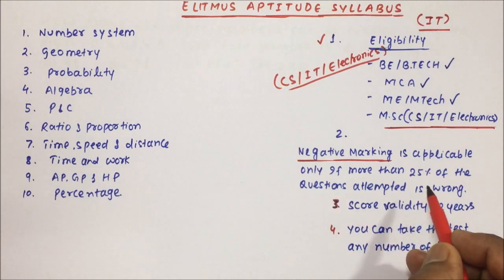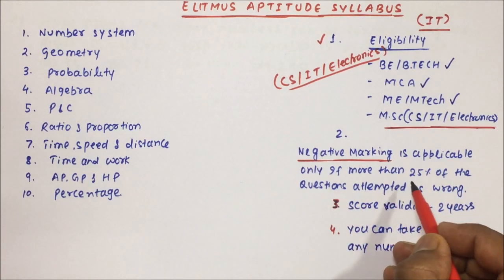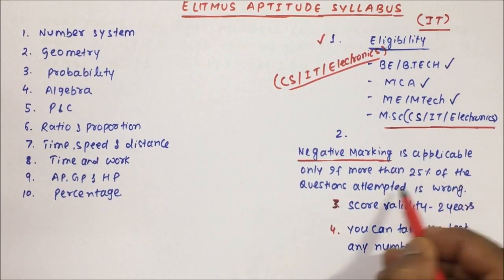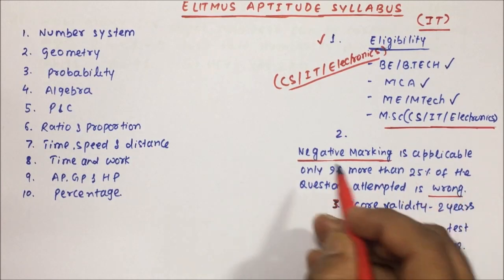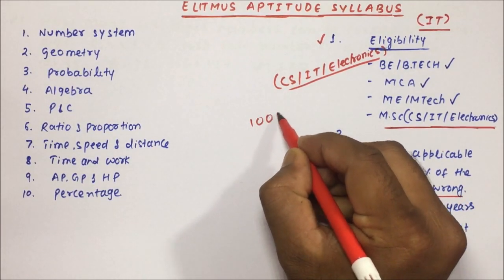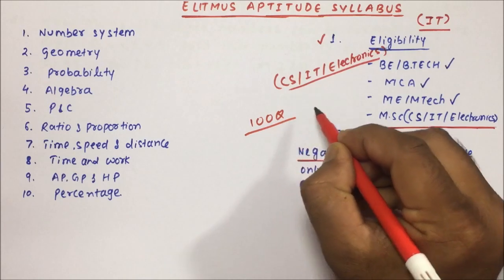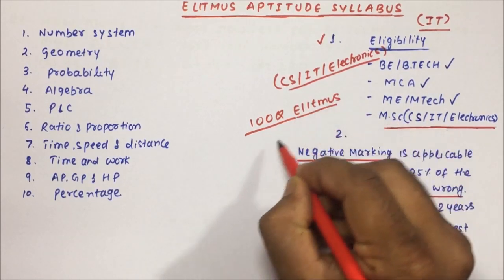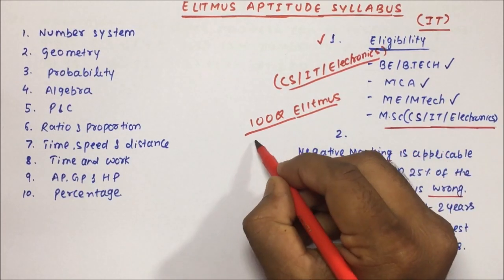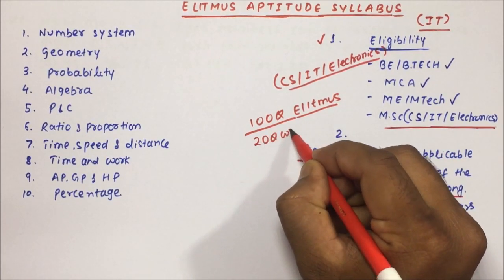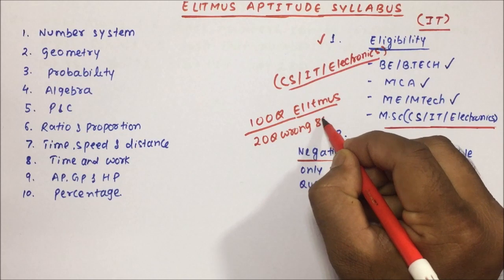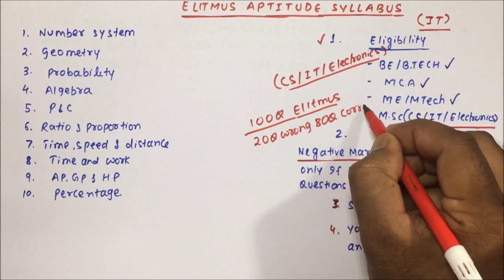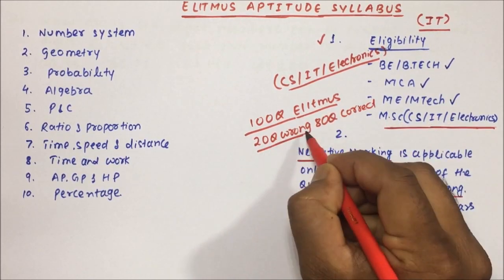Now friends, negative marking. Negative marking is applicable only if more than 25% of the questions attempted are wrong. Suppose you have 100 questions, I'm just giving an example. If you have done 20 questions wrong and 80 questions correct, then negative marking will not be applied for the 20 questions.